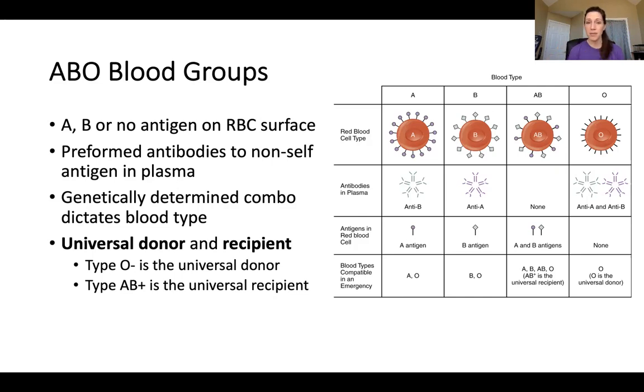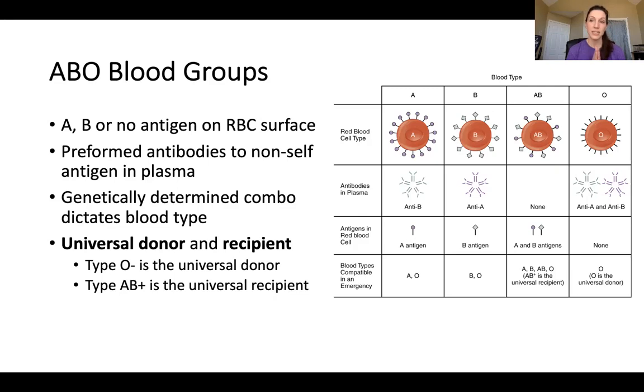So the next step that makes it just a little bit more complicated is that you form antibodies to the antigen that you do not have. The easiest way to think about this, again, is that it is self versus non-self. So if you are type A, you have A antigen on the surface of your blood cells.